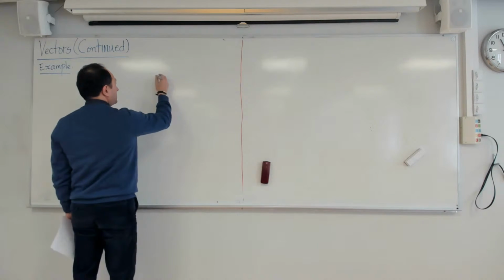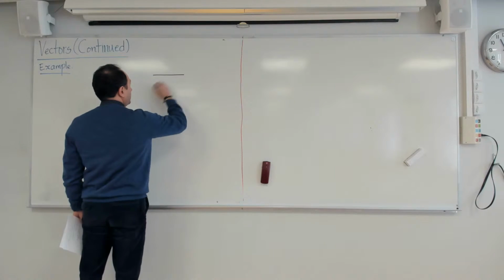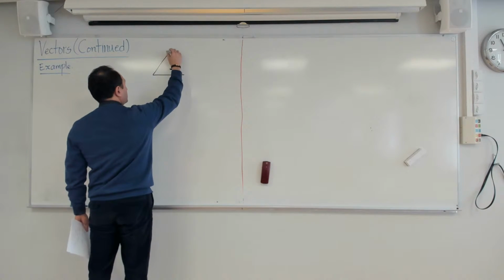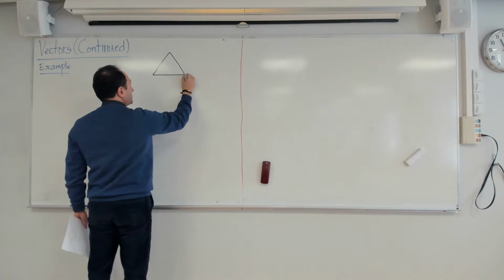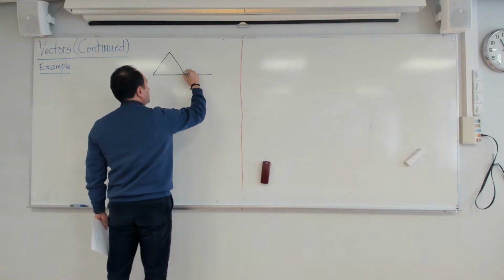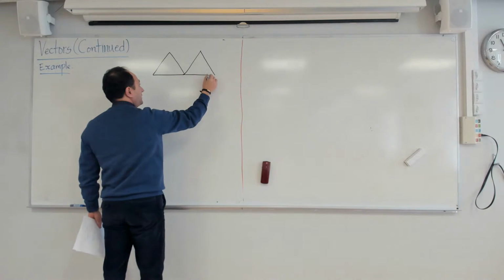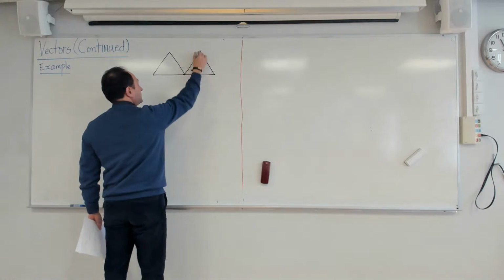I give you a figure here. You have an equilateral triangle here, and another one exactly on the same line with the same size, identical equilateral triangles.